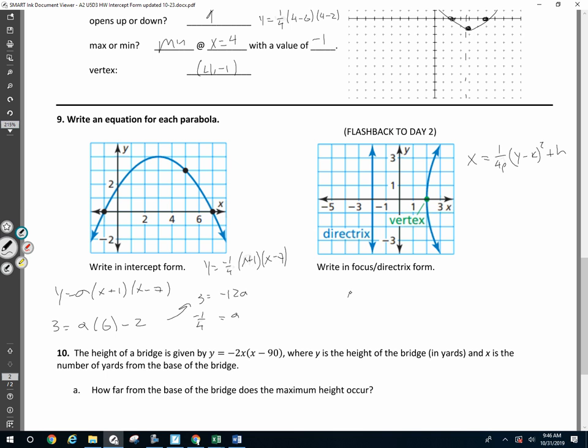So immediately I have x equals 1 over 4p, (y minus 0) squared plus 2. Notice how my h and k are flip-flopped. My p is this distance. What is this distance? It's 1, 2, 3, 4. P equals 4. So since p is 4, I have 1 over 16 y squared plus 2.